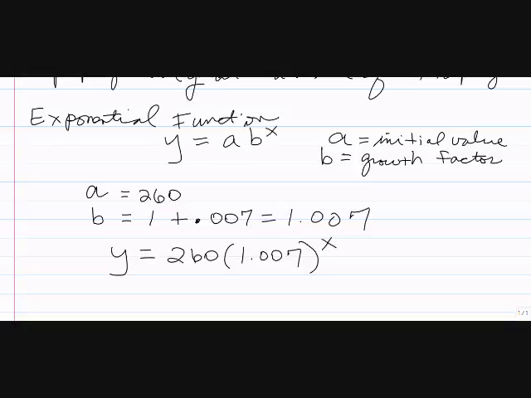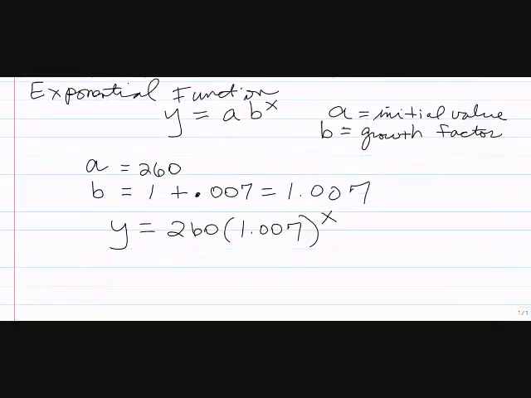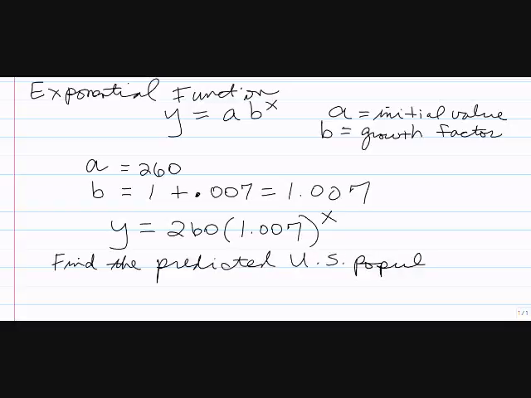Now, since this is an exponential function, a word problem, we're probably going to want to solve some problem now. So let's see if we can find the predicted population in the year 2020.